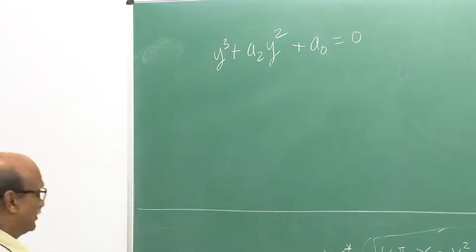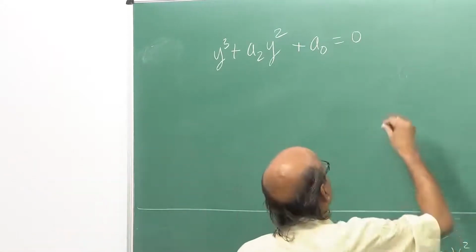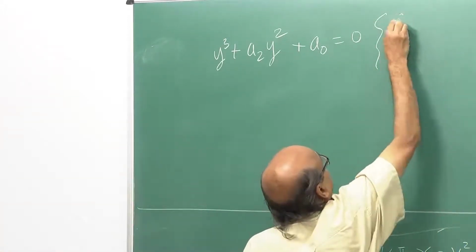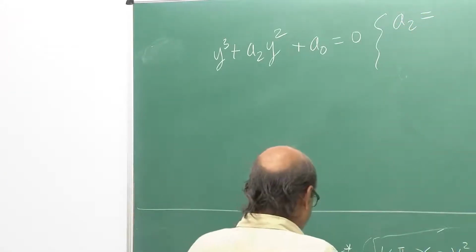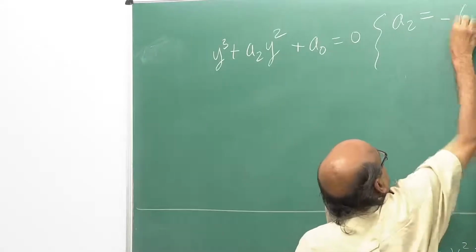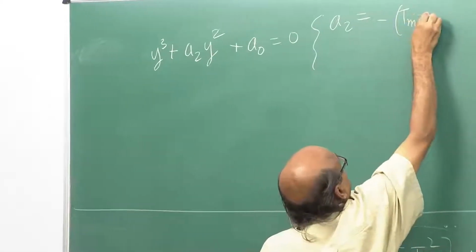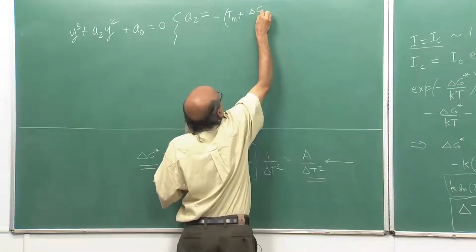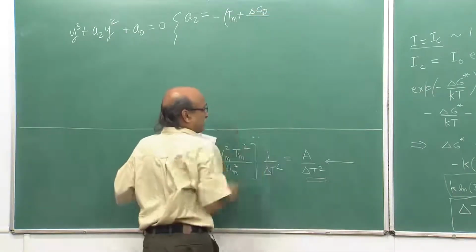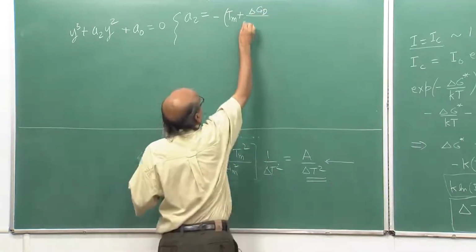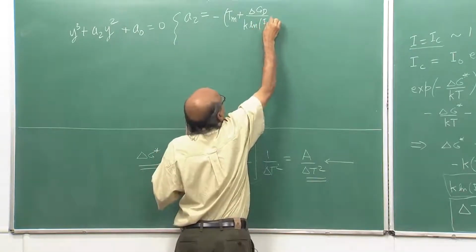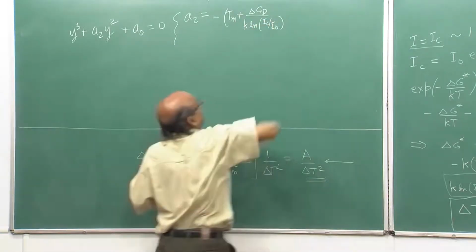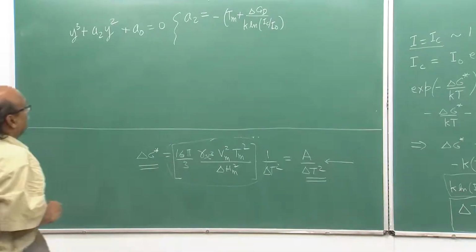So, this is a cubic equation where very clearly a2 is equal to minus Tm plus delta GD upon k ln IC upon I naught.